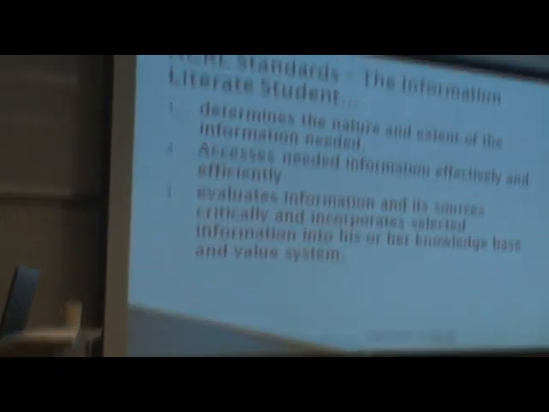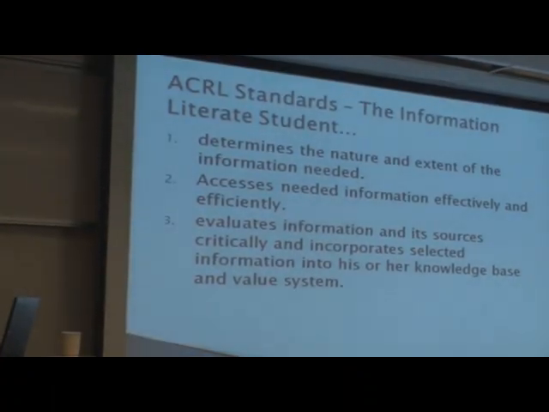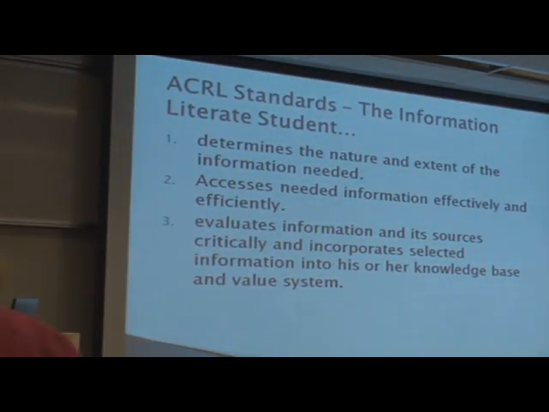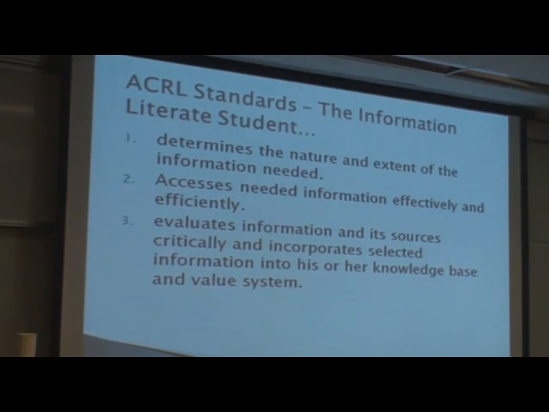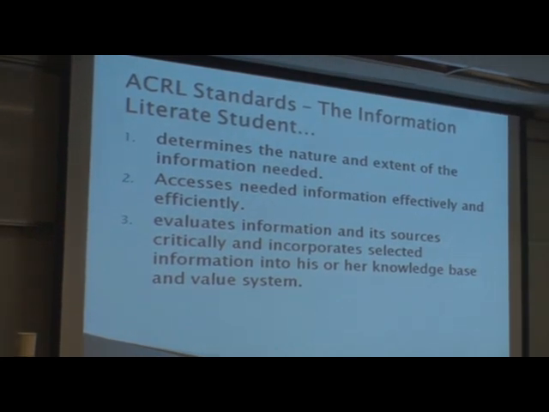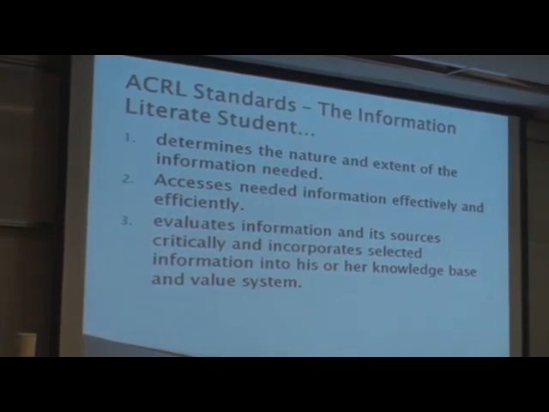Determines the nature and extent of the information need, that's defining the information problem. Accesses the needed information effectively and efficiently, that's the locating and searching that we were talking about, and not just using Wikipedia. Evaluates information and its sources critically, and incorporates selected information into his or her own knowledge base, and that's the evaluation, integration, management, synthesis piece.